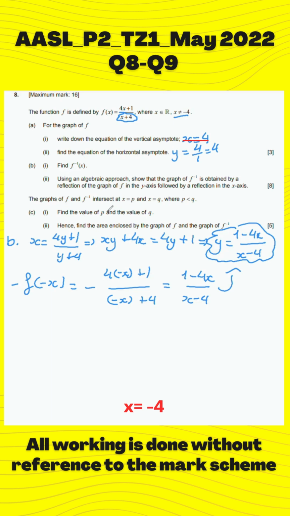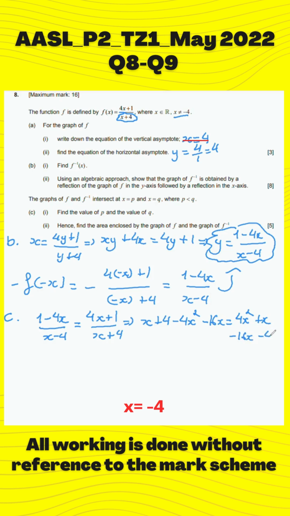Okay, C. Find P and Q, which are the intersections of function f and its inverse. So we will have (1 minus 4x) over (x minus 4) equal to (4x plus 1) divided by (x plus 4). So cross multiply and simplify. We will have x plus 4 minus 4x squared minus 16x equal to 4x squared plus x minus 16x minus 4.